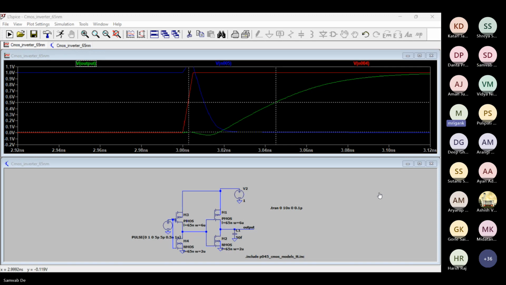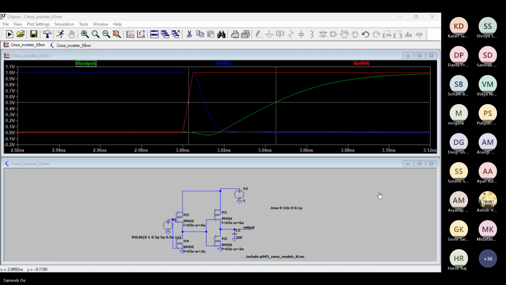So for the second stage, if I look at the output of the first stage, what are the capacitors coming into the picture? That is what I'm asking. So gate to source capacitance of M2. Yes, gate to source capacitance of M1 and M2 and gate to drain capacitance of M1 and M2. Anything else?